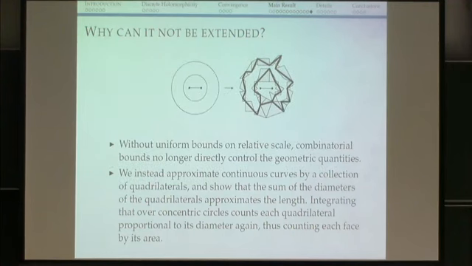And so here I've done the same thing in a cartoon version of what happens when you have very largely differing sizes. What I mean with this picture, which is a little bit unclear, is that you have this quadrilateral lattice, and there are some very, very large quadrilaterals, like these down here, and then some very, very small ones. And so you have this tension going on here.